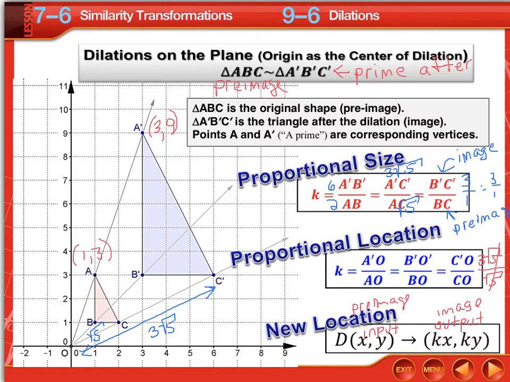And you can go and look at the B prime and C prime using the same technique. Now I do want to caution you that this multiplication of the scale factor will only work if the center of dilation is the origin. If it is not the origin, to find the new location, you would have to use the proportionality of the scale factor.